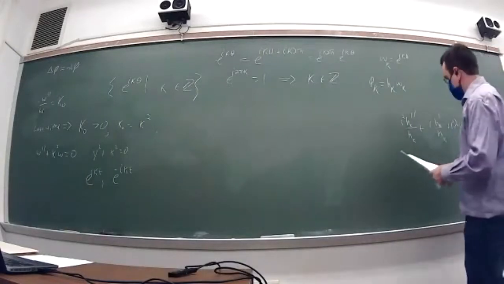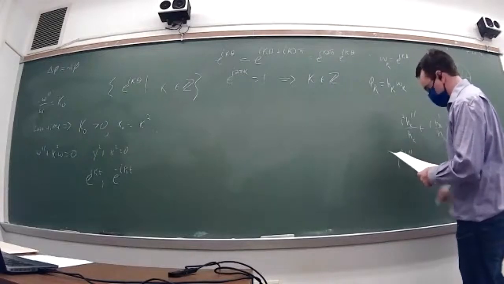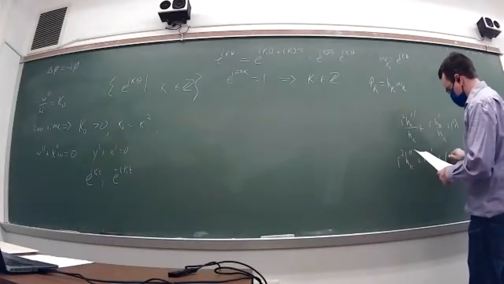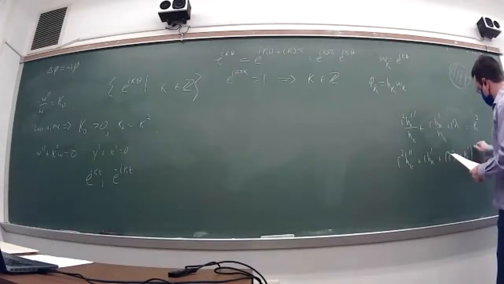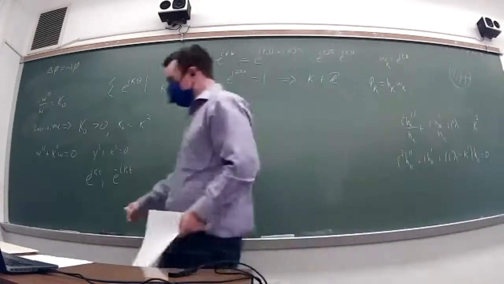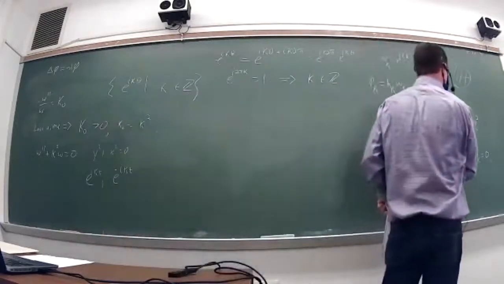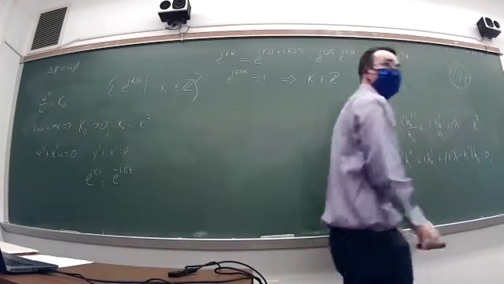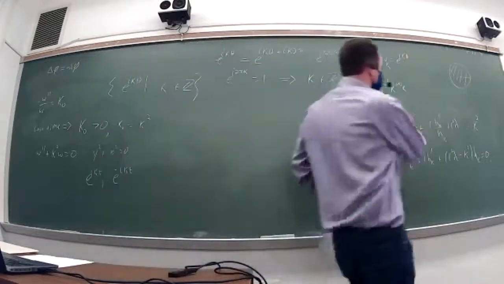Bringing everything to the other side, you get r squared h k double prime plus r h k prime plus r squared lambda minus k squared times h k equal to 0. Just bringing that to the other side and multiplying through by h k. So that's clear.